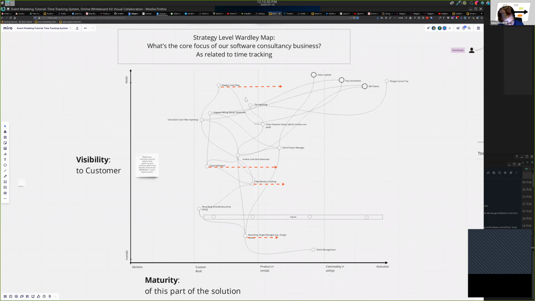Well, will you even have a solution built for this, or just use your existing stuff? Is it more on the Genesis side, where there's not even a solution for it, it's just ad hoc? I wouldn't put it on the Genesis side because it's not novel. People do this. I think it's just custom. It's well known enough, and no one has a true answer that's a product you can buy to solve this.